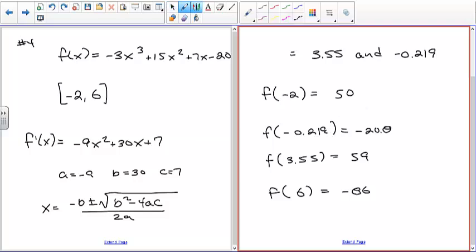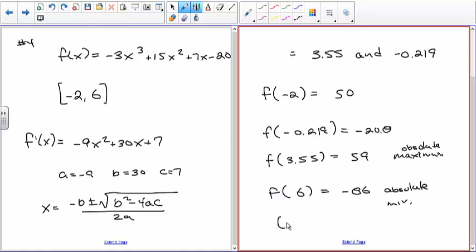So what we can do from there is look for the largest number, which is right here. This is the absolute maximum, which is at a critical point. But this is the absolute minimum because it's the smallest. So those were the two values, and I said they should be x and y values.